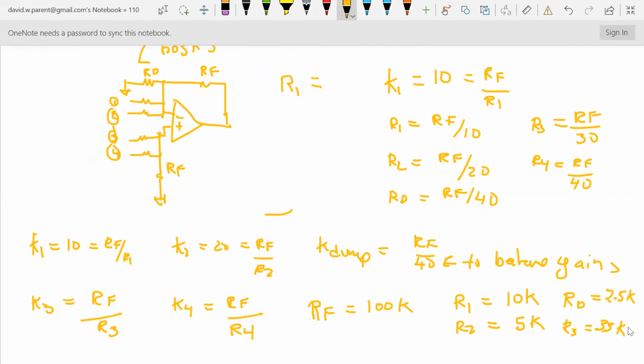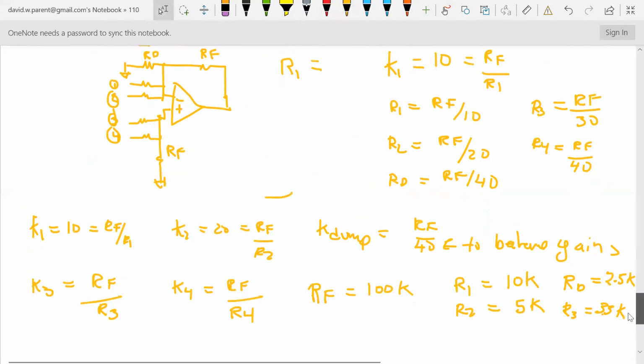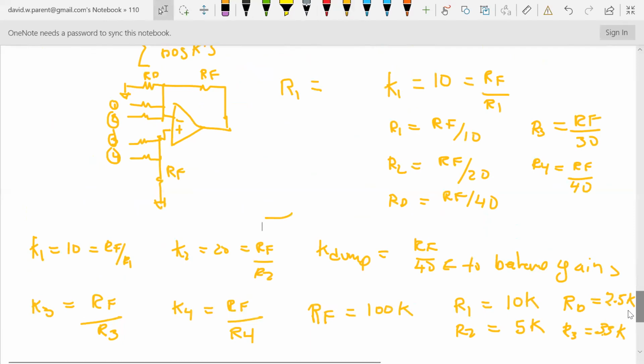Now, a lot of times I like to keep things bigger than 10K. Here's the thing. What happens when you have a resistive load? If you look at data sheets, you want a resistive load bigger than 2K.